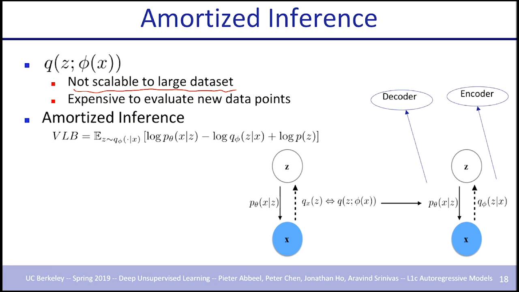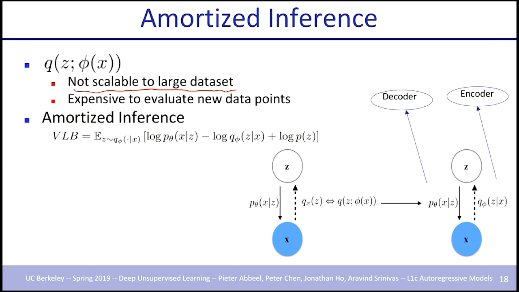Because as your model changes, you always need to optimize from the initialization, unless you store an approximate posterior per data point, but that would not be tractable if you have large data sets. So it would be great if you have something that could store the progress of this approximate posterior and then amortize it across different data points.